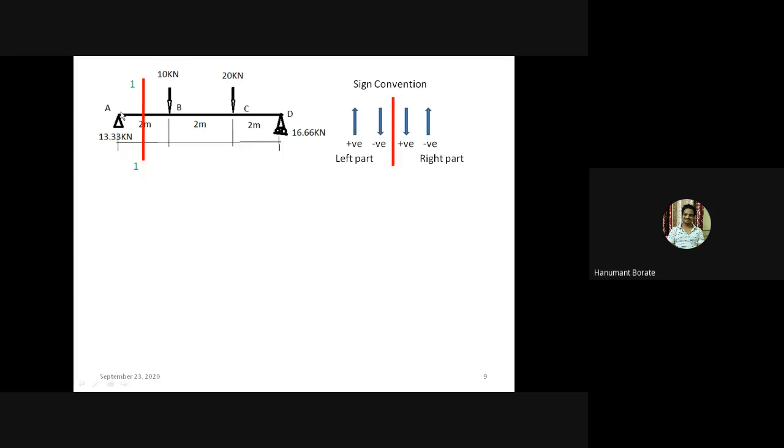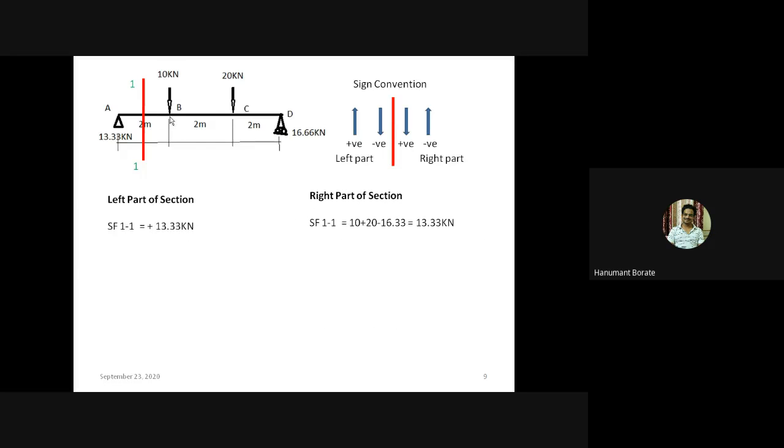So according to the definition of shear force, it is the algebraic sum of all vertical forces, either left part of the section or right part of the section. So according to that, shear force at section 1 will be plus 13.33 kilonewton. Now you can take the right part of the section.